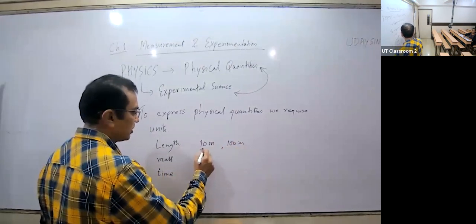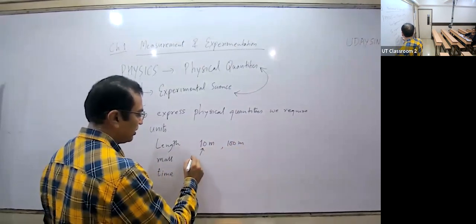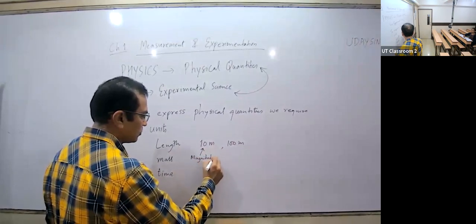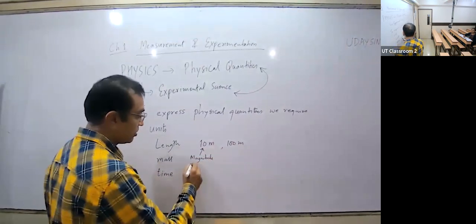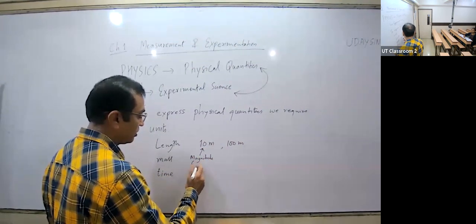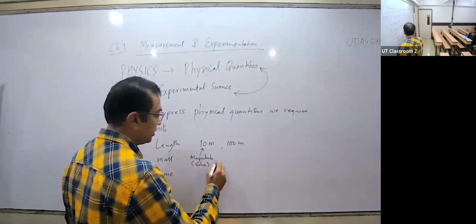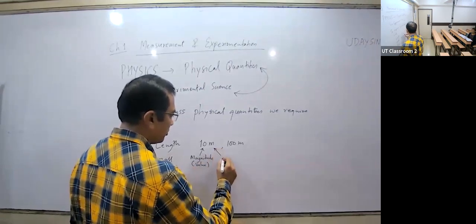The first thing is called the magnitude, the value. This is how we express a physical quantity. We give a magnitude or value of it, and then the second thing is unit.